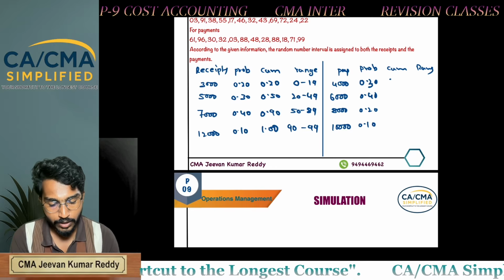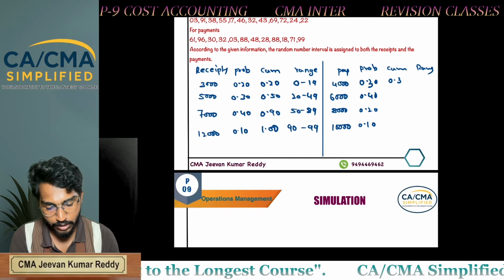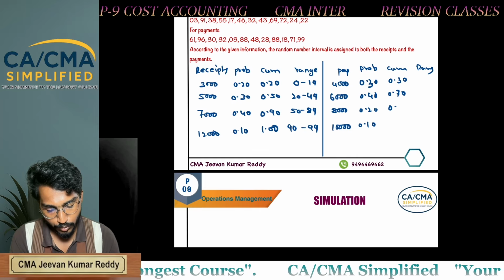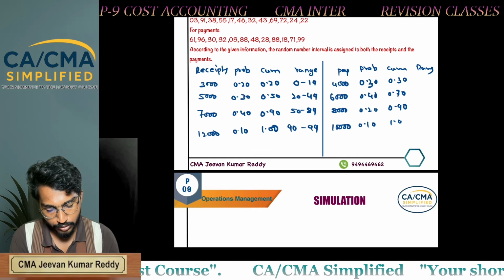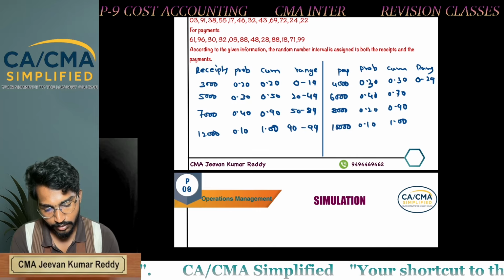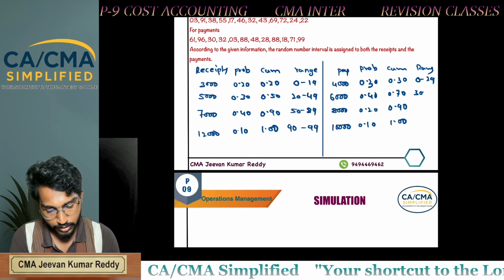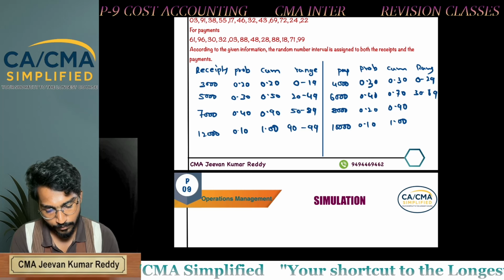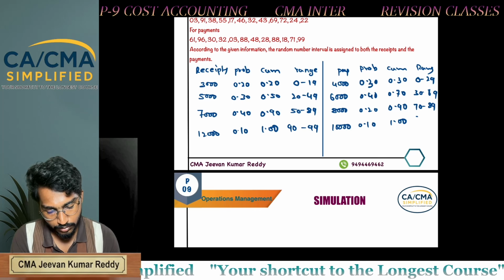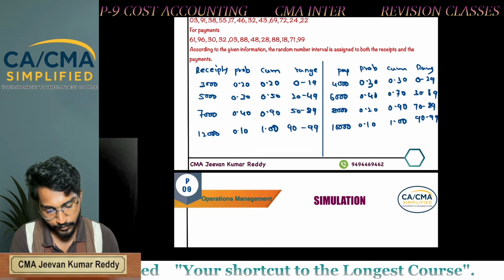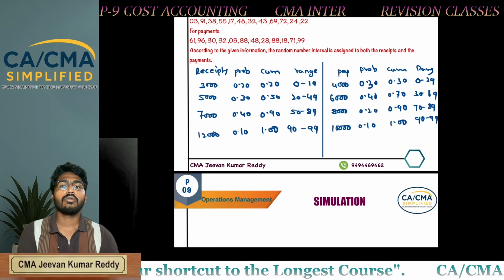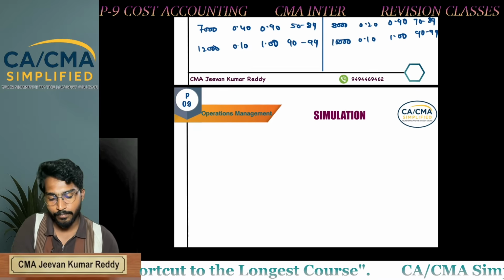Cumulative probability 0.30, 0.70, 0.90, 1.00. Range 0 to 29, 30 to 69, 70 to 89, 90 to 99. Why? Because we have random numbers only up to 99.